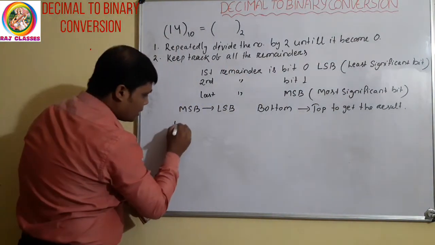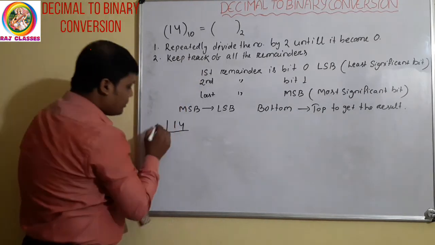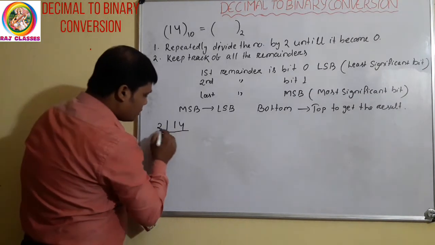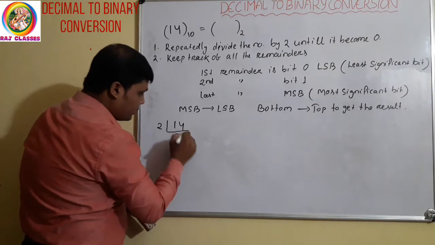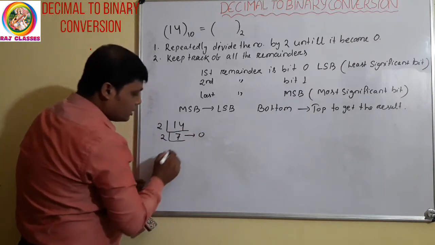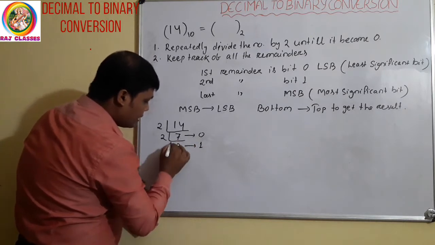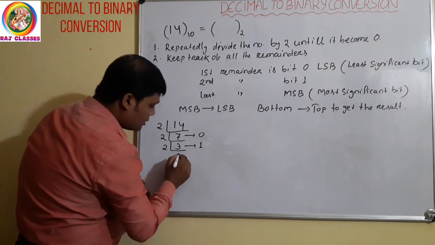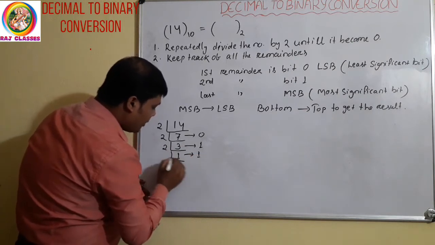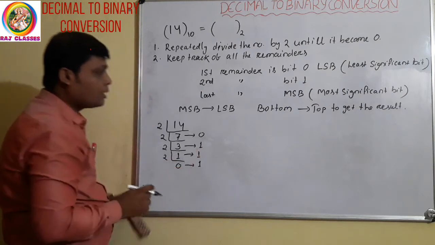Now come to the example. This is 14. We will repeatedly divide by 2. 2 7s are 14, and the remainder is 0. Again divide by 2. 2 3s are 6, and the remainder is 1. Again divide by 2. 2 1s are 2, and the remainder is 1. Again divide by 2, this is 0, and the remainder is 1.